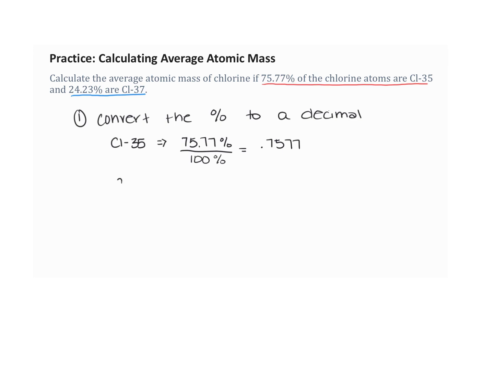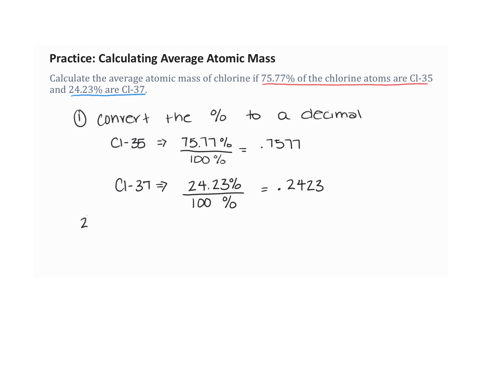Then for chlorine 37, you're going to take 24.23%, divide it by 100%, and that's going to give you 0.2423 for chlorine 37. Okay, so that's your first step. You're going to convert the percents to decimals.